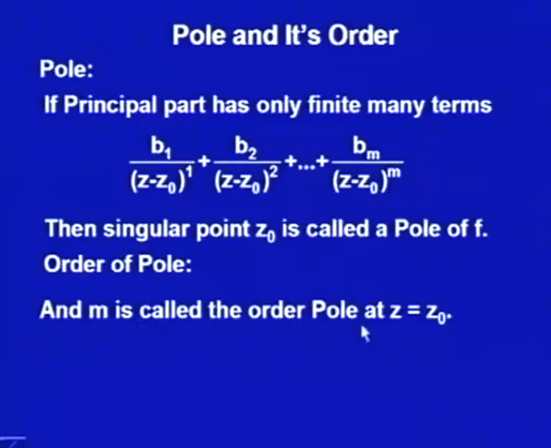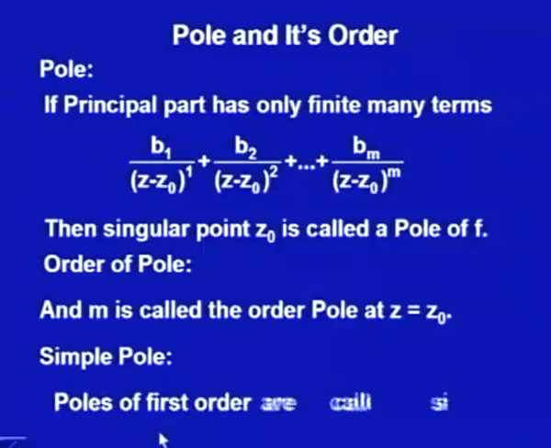So m is called the order of the pole at Z equal to Z naught. If m is equal to 1, that is, if we have only a single term in the principal part, b1 upon (Z minus Z naught), then it is called a simple pole. So poles of first order are called simple poles.